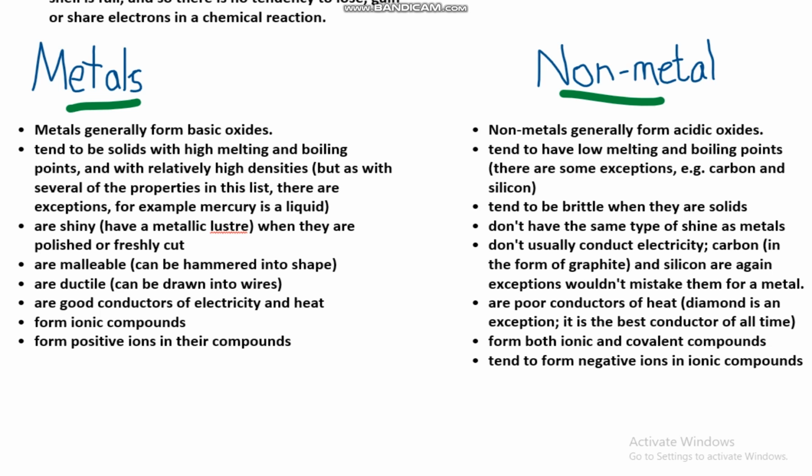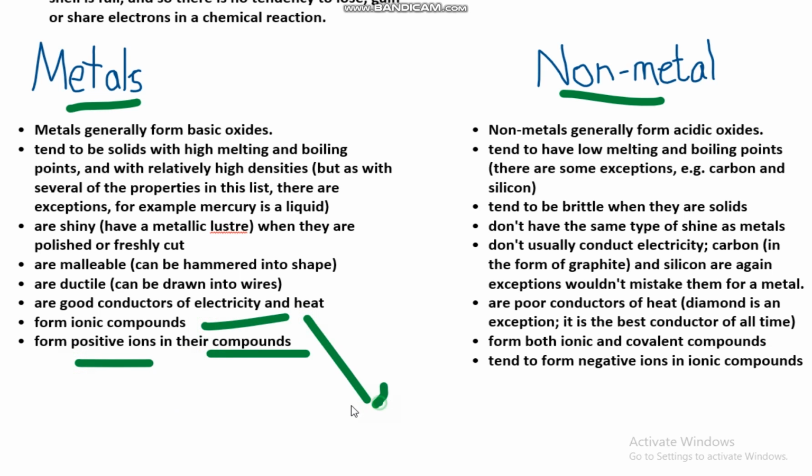Then metals are good conductors of heat and electricity, but non-metals are bad conductors of electricity, except for carbon and silicon. Again, same example. And then they are poor conductors of heat, and the exception is diamond, which is the best conductor of all. And then metals form positive ions in compounds, and they form ionic compounds.